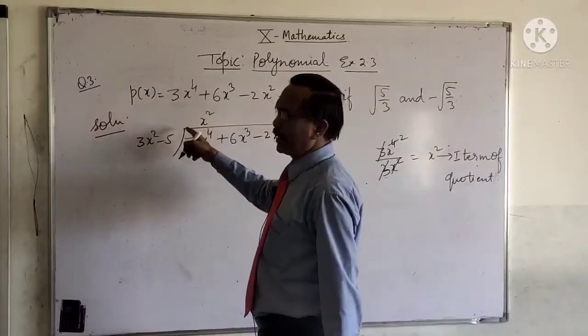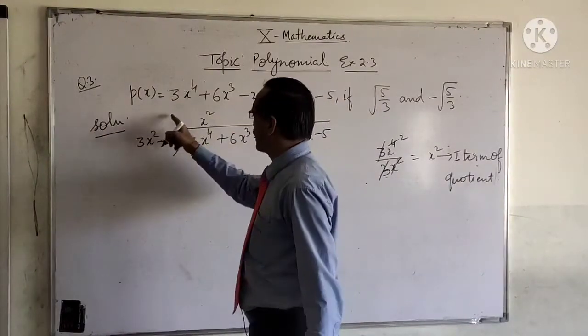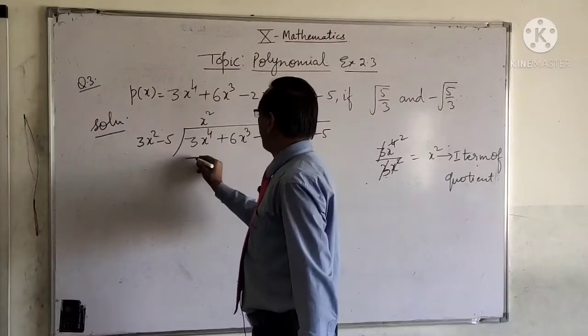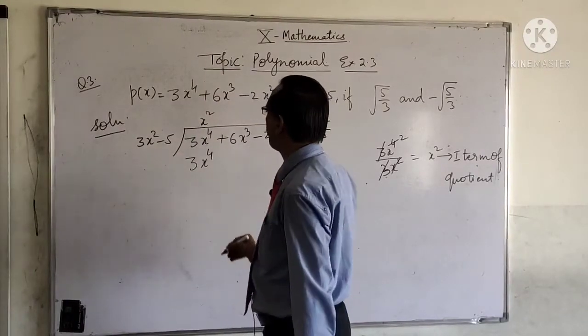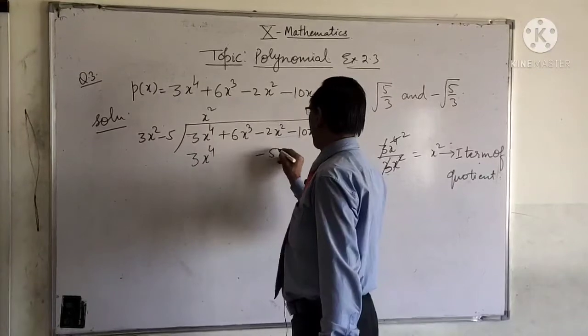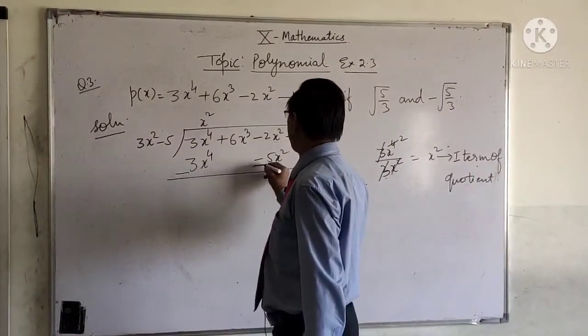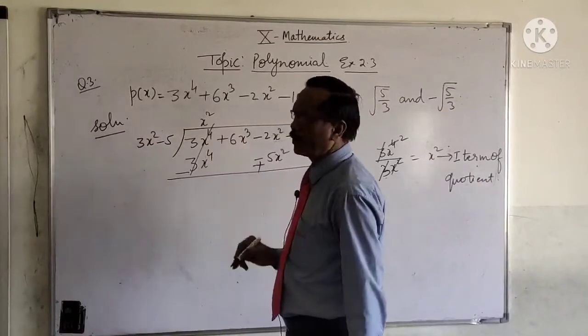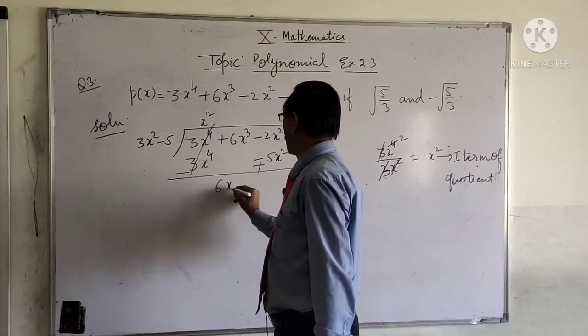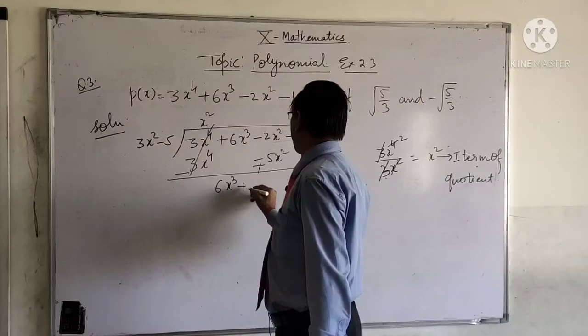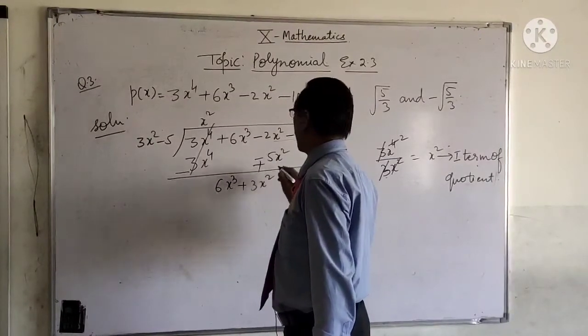Now we multiply this x square with the divisor, we get 3x^4 - 5x^2. Then subtract, minus plus cancels out, then it is 6x^3 + 3x^2.